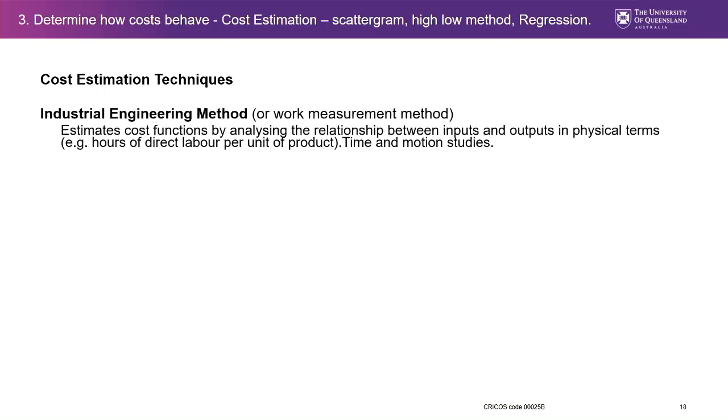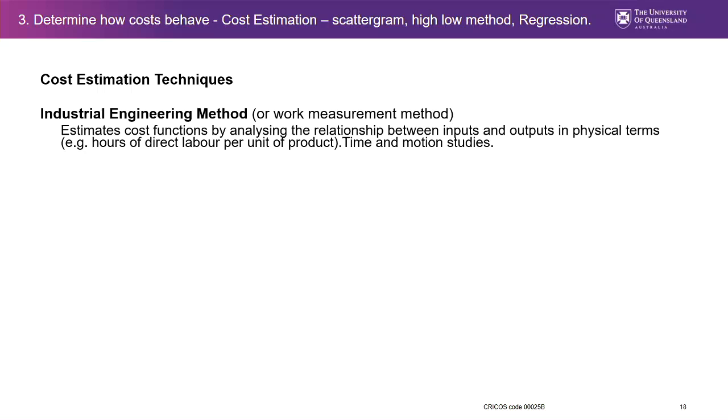Okay, so the techniques that have been used to establish what my cost driver is and how my costs behave. In the past they've used things like the industrial engineering method, where there are a whole heap of studies where they did time and motion studies.